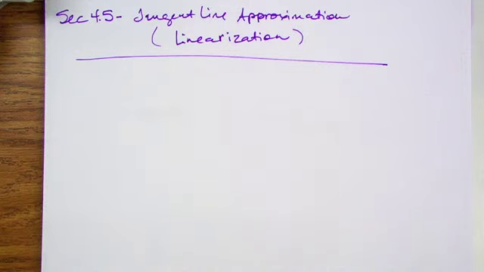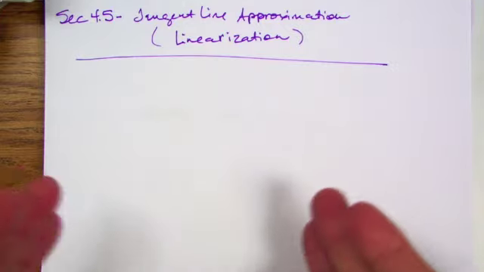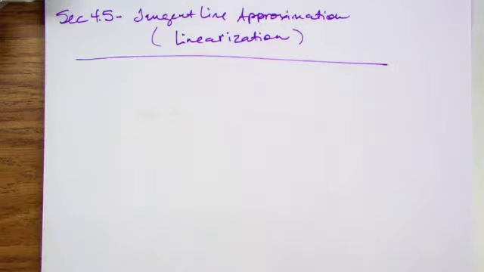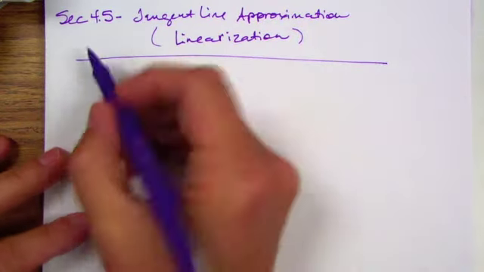Like you can't write an equation for this function, but you can put together all these little tangent lines and create one. So that's the purpose behind this. There's more to come here.